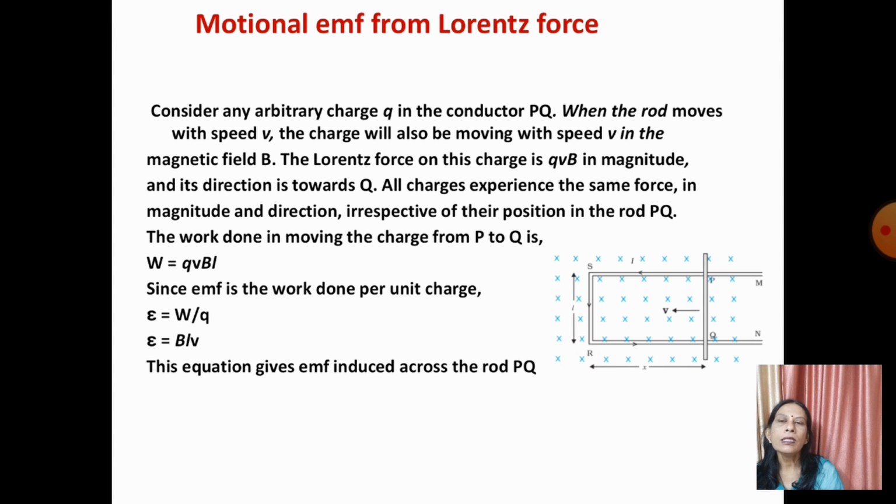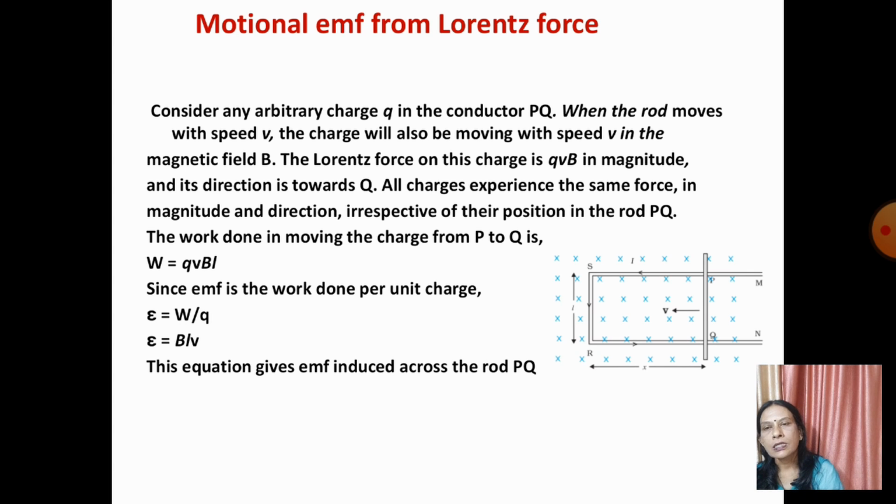All the charges experience the same force in magnitude and direction, irrespective of their position in the rod PQ. Wherever the charges reside in PQ, they will all experience the same force, because all are moving with the same velocity, all have the same charge, and all are moving in the uniform magnetic field, which is the same for all the charges.